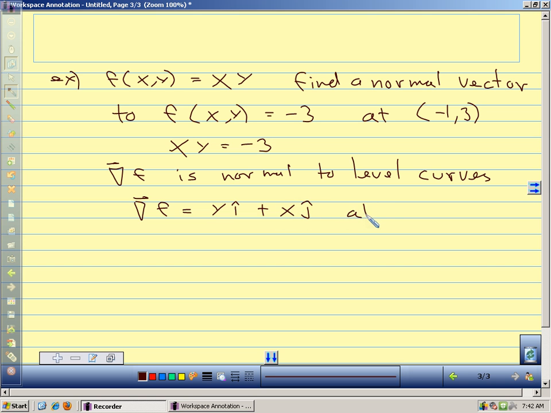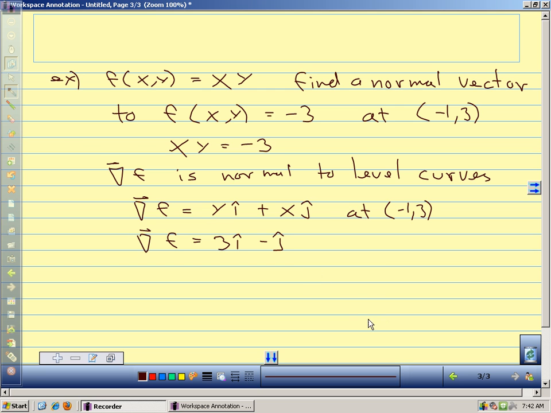And at -1, 3, del f is going to be 3i minus j, and that is our normal vector. So at the point -1, 3, this vector is normal to xy equals -3.